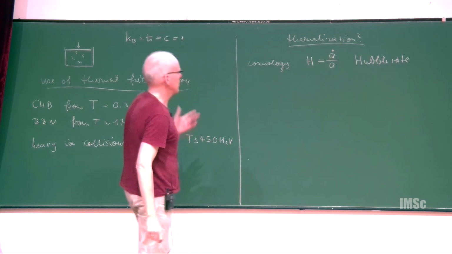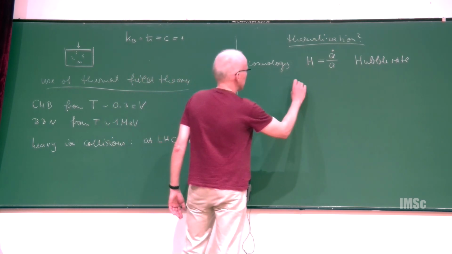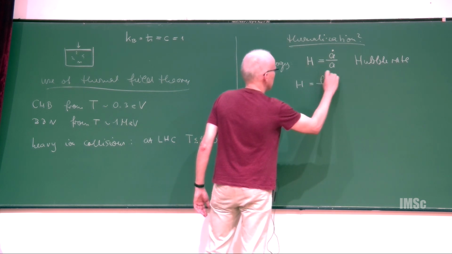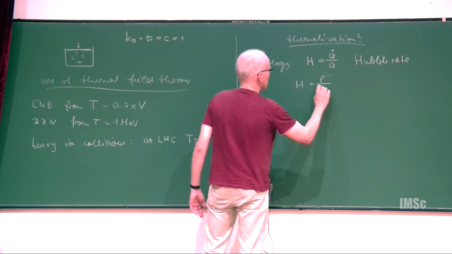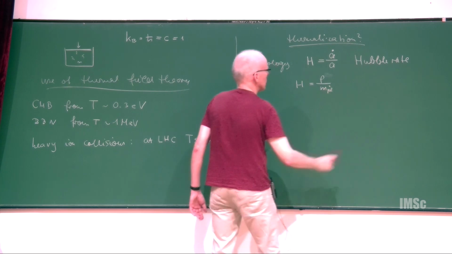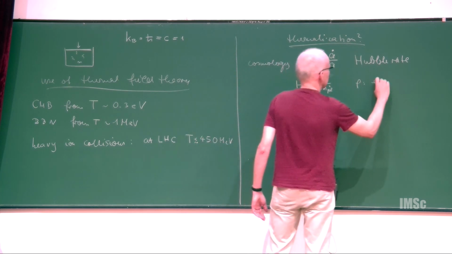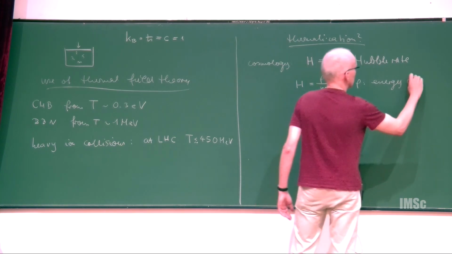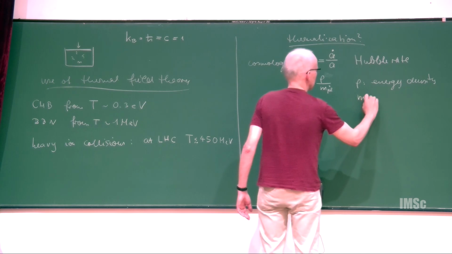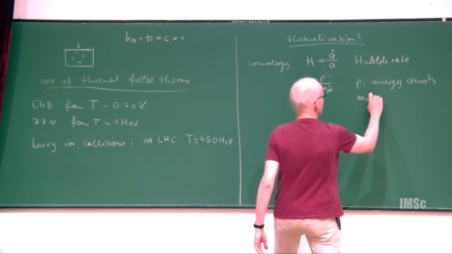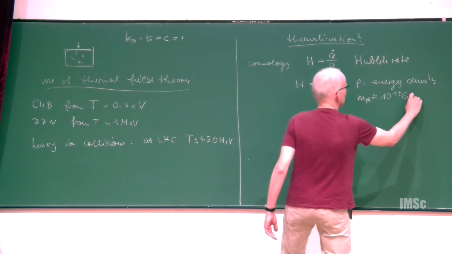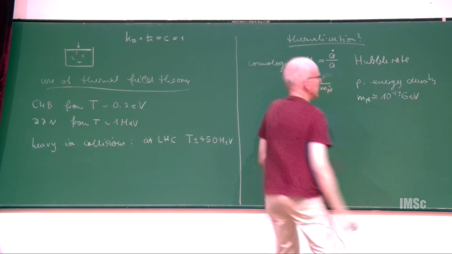And from GR, we know that the Hubble rate is given by the energy density of our system, rho, over the Planck mass squared. So rho is the energy density, and the Planck mass is roughly 10 to the 19 GeV, a huge scale.